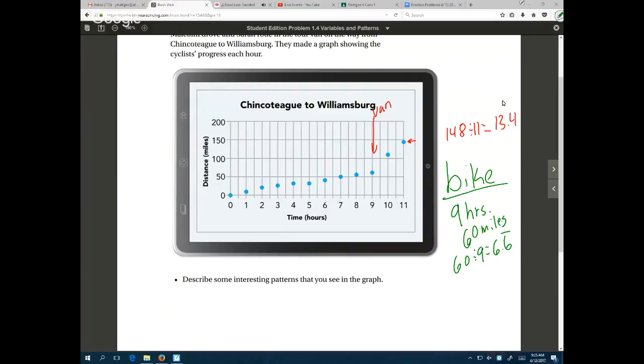Okay. One of your second questions now was, I'll do it up here, what was the average speed of being in the car? I didn't get to that. So Levi, how long were they in this car? 2 hours. Because they went from 9 to 11. So they were in there 2 hours.